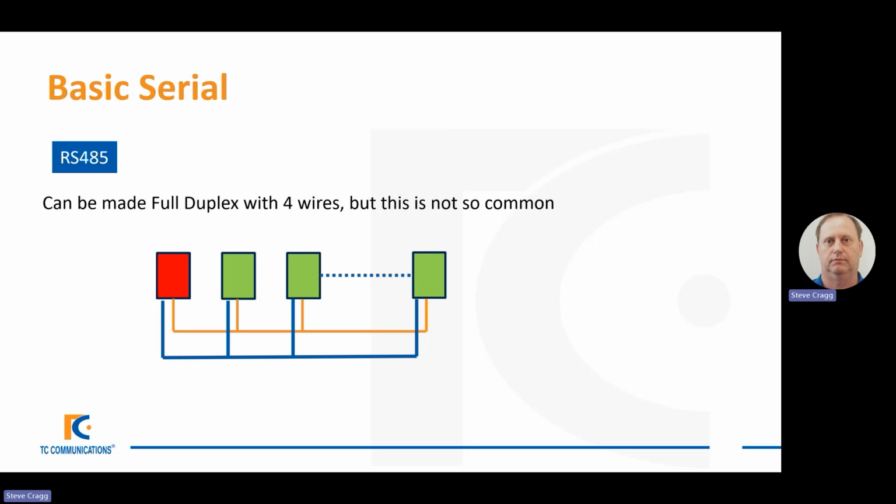So in this case, the central unit can transmit to all of them, and at the same time, the receiving unit or the polled unit can send data back, and that can be full duplex at the time. So it's perfectly reasonable to have full duplex. You can do that if you want, but it is pretty common to not do full duplex. This is often used for low-speed data.